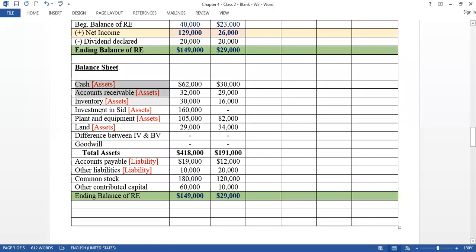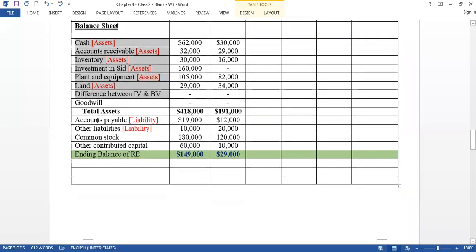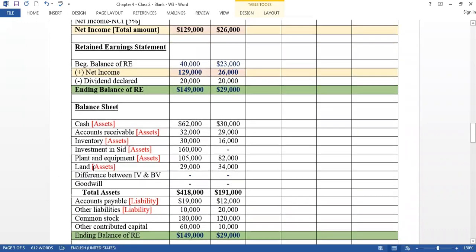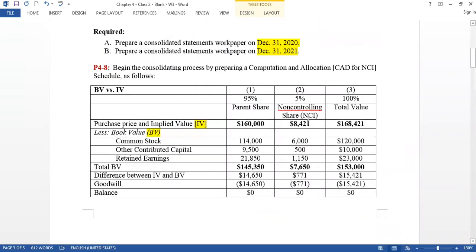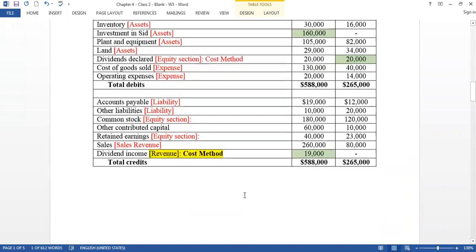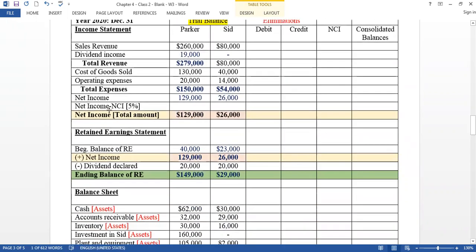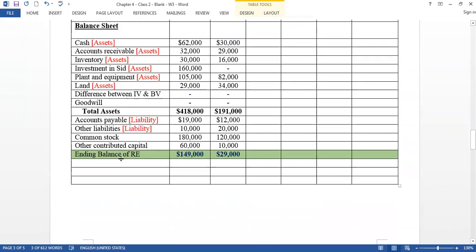So for the balance sheet, we know assets, we know liabilities and equity. Now we are going to add something. I told you that we already established NCI, right? Think about here. We have net income, and we create a new cell for NCI net income, right? Same equity account.